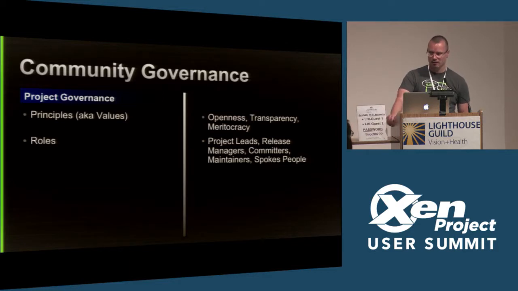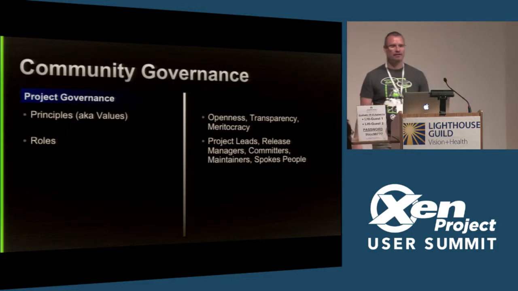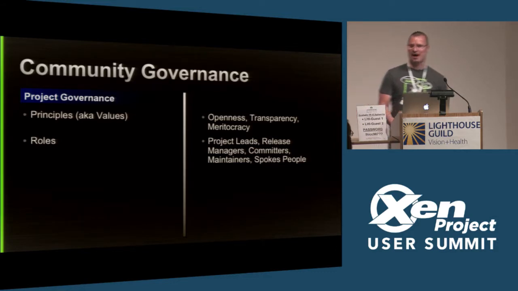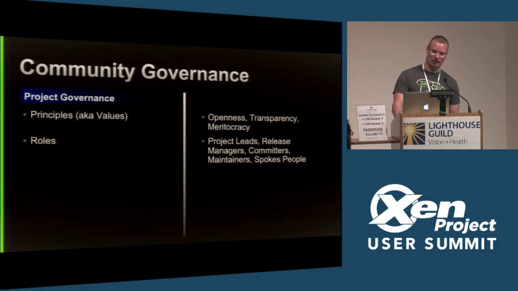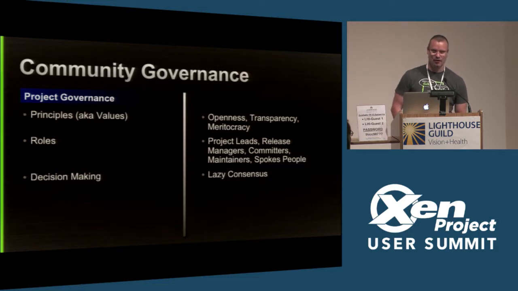Those are the people who review, who have to say that when somebody submits a patch to a specific piece of code, it's okay and can go in because it's of good enough quality. And then we have spokespeople, volunteers in the community who go and talk to the press, or write articles and blog posts. How do we make decisions?